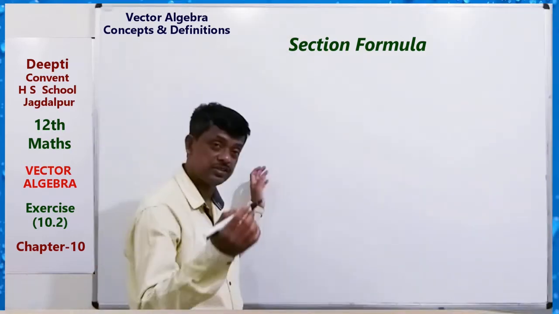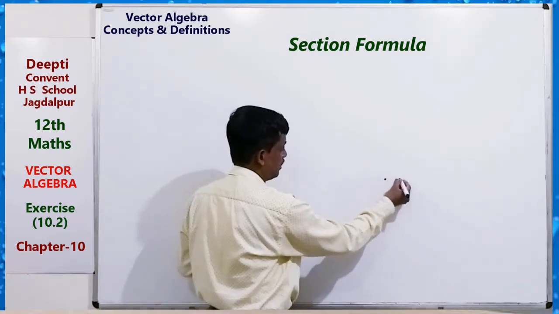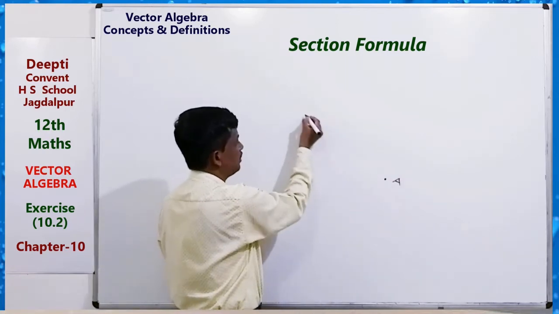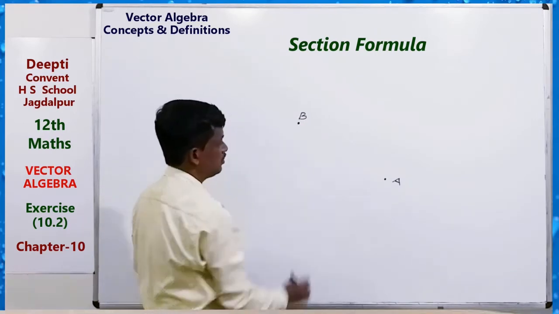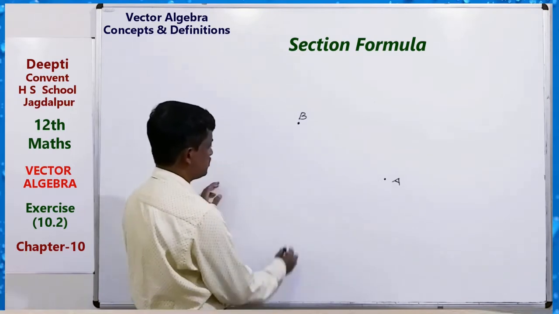So here also, suppose we have a point A and a point B. We have two points and their position vectors.